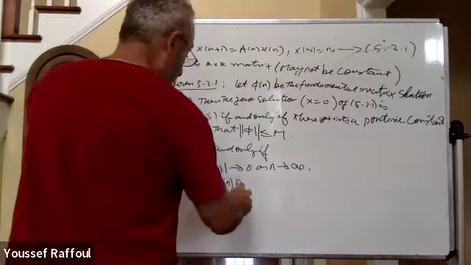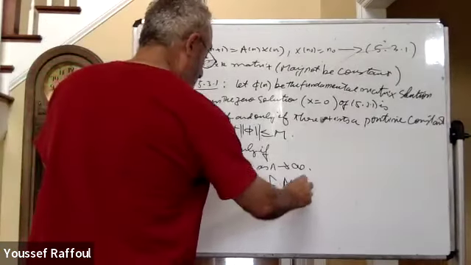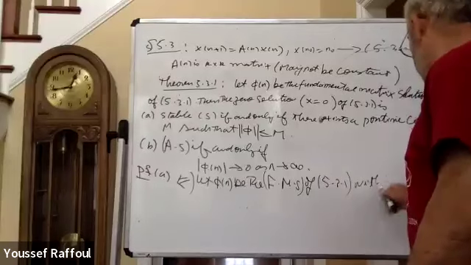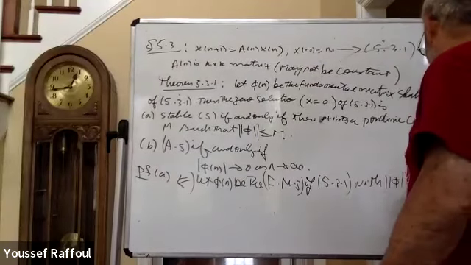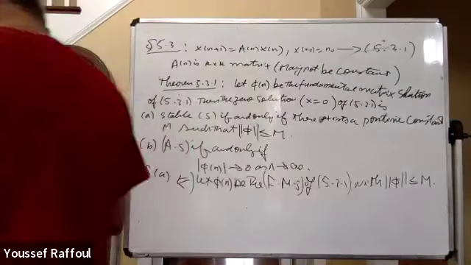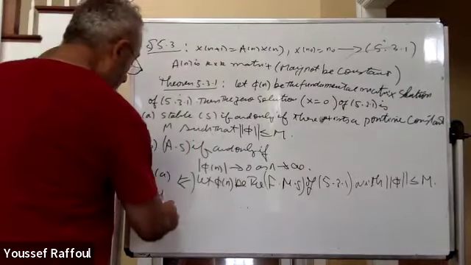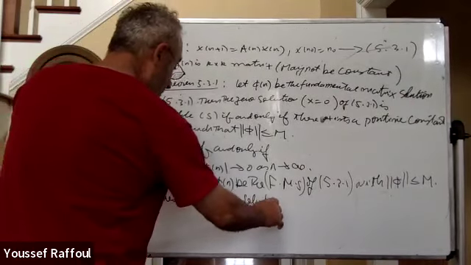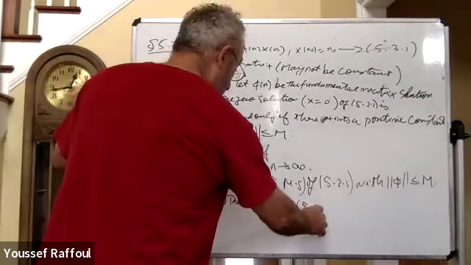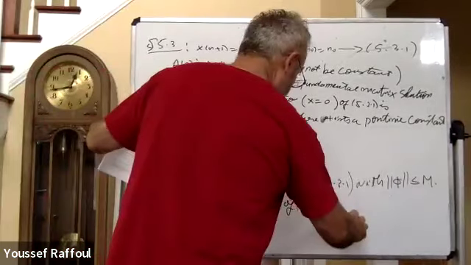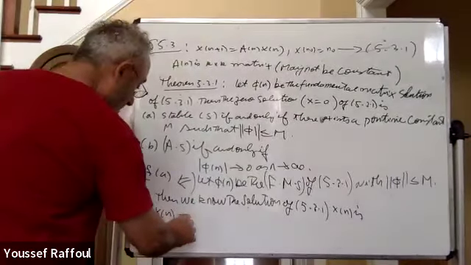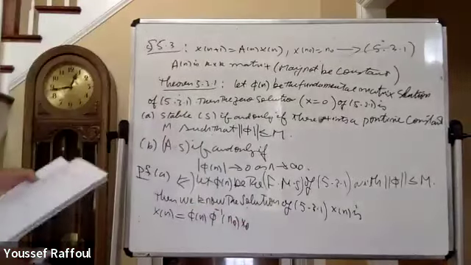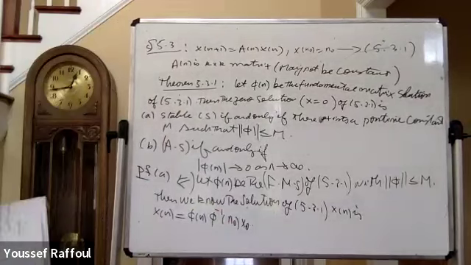Let phi n be the fundamental matrix solution of 5.3.1 with phi of n0 less or equal to M. Then we know the solution of 5.3.1 is xn equal to phi n, phi inverse of n naught, x naught. Okay?